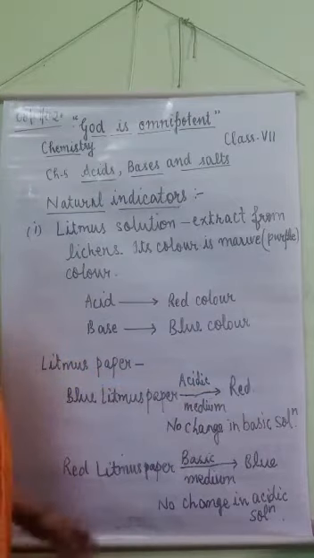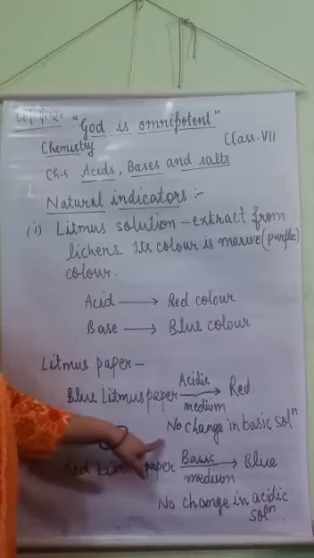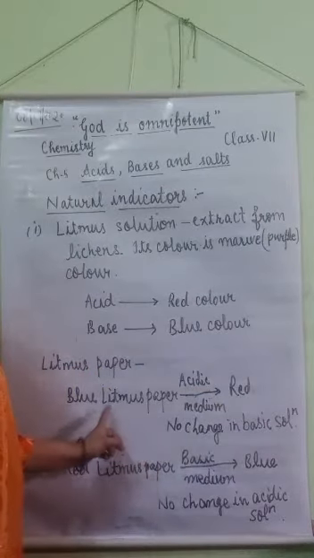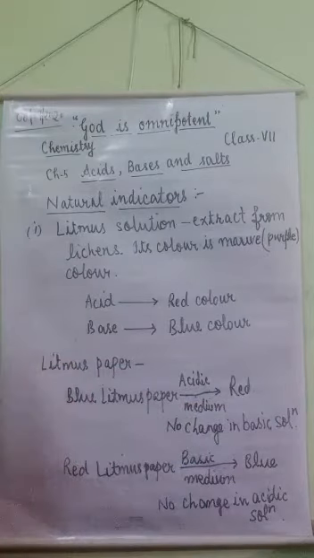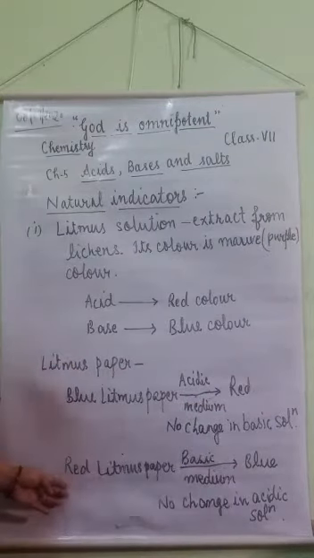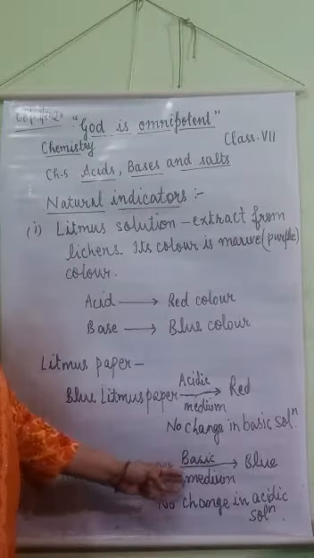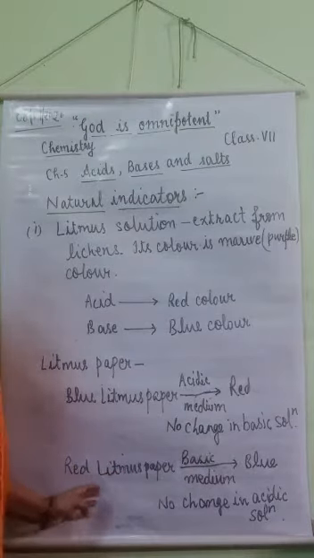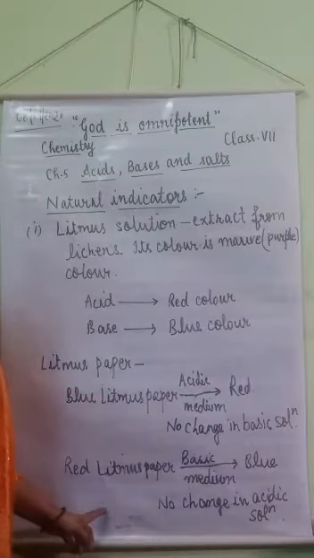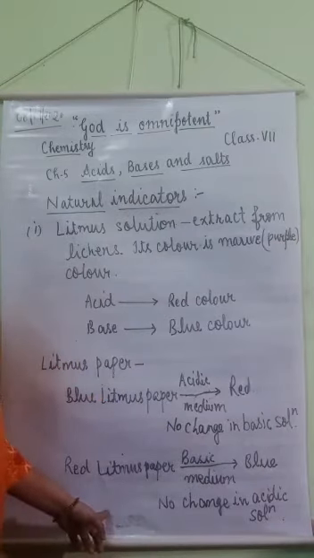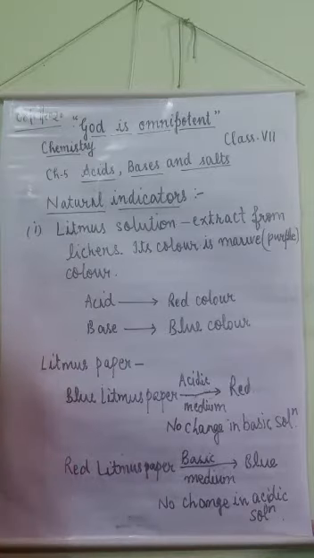But there is no change when it is dipped in a basic solution. Similarly, when red litmus paper is dipped in a basic medium, its color changes into blue. But when it is dipped in an acidic solution, there is no change in color.